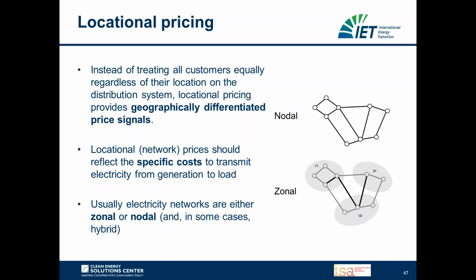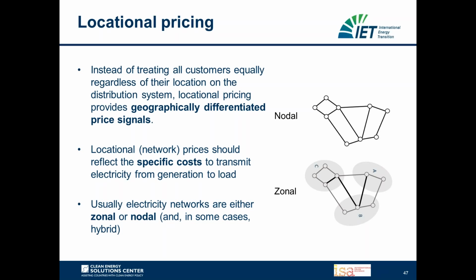So many jurisdictions are now experimenting with geographically differentiated price signals. We already see this in many countries with regard to power generation and the transmission grid. What we're not seeing so far in many jurisdictions is price differentiation by location for the distribution grid. So this is still uncharted territory to a large extent.